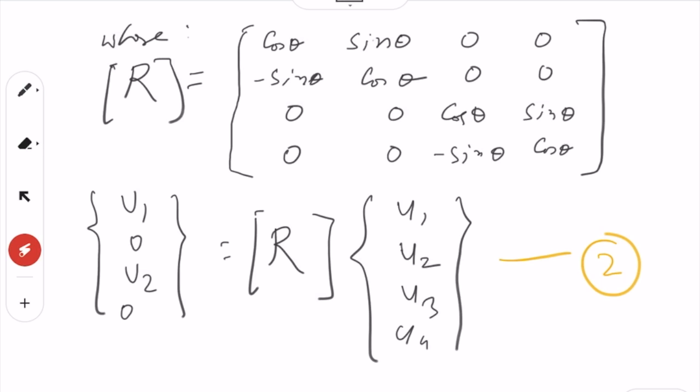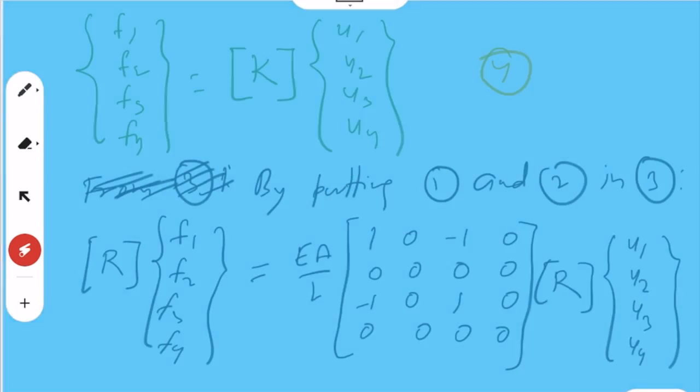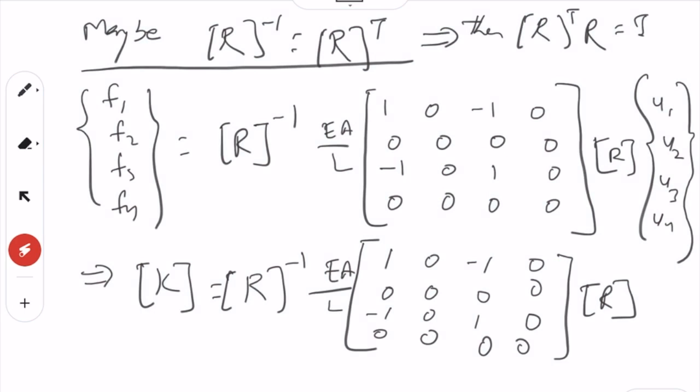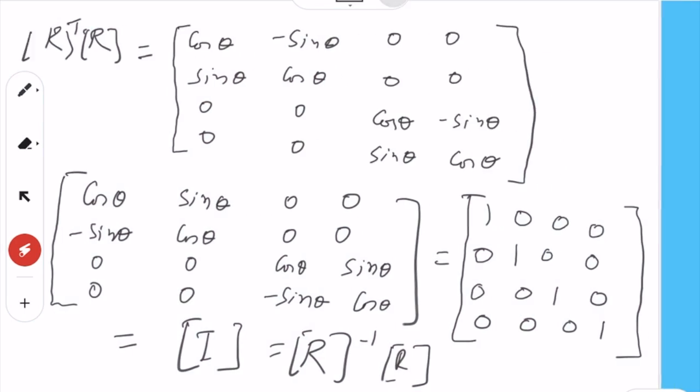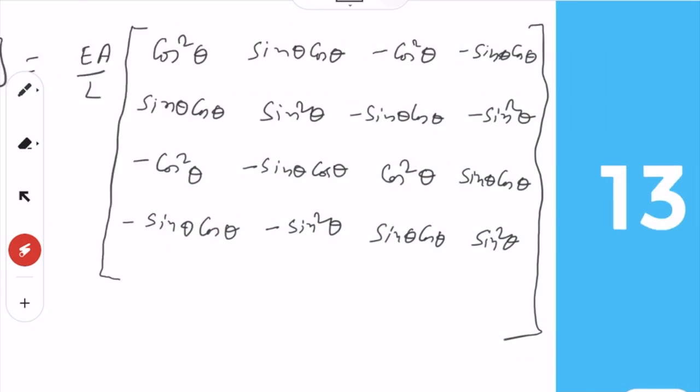In order to find out the strain, you always have to know U1, U2 only, right? Hence it is convenient to know this relationship, and accordingly we can find out.